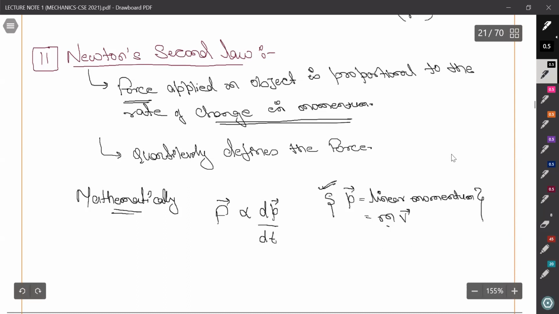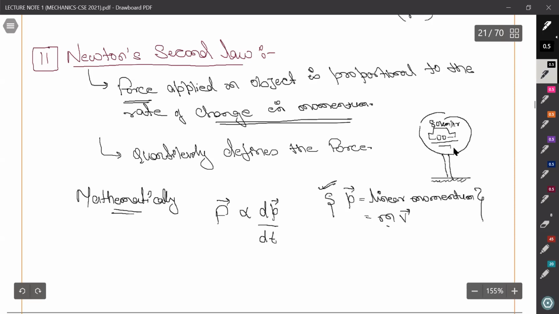Also, let me ask you a very curious question. If you go on a highway, you will see this symbol. Car, let's suppose 80 kilometer per hour.